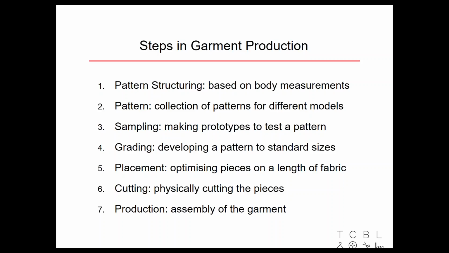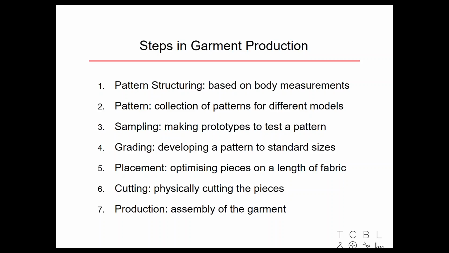And when a pattern is all right, now, this may not be a perfect example of the sequence, but more or less this is what happens. And then when you have a pattern that is pretty stable, you grade it. So you develop it to different sizes.